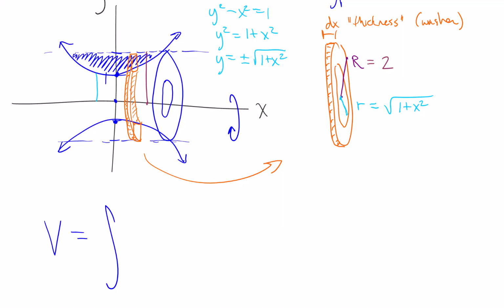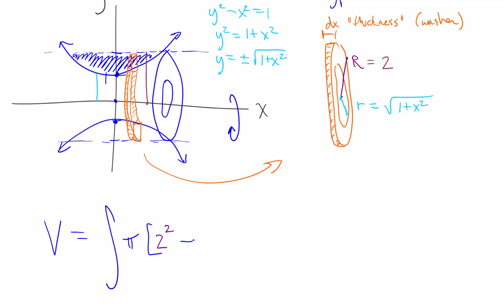So all we have to do now is put this in place for our volume integral for a washer. And so going back to that, which again was a previous topic, that will have a pi, which we can let float to the front eventually as a constant, but for now we'll put it there. So pi times large radius squared. Well, for us, that was the value of 2 squared.